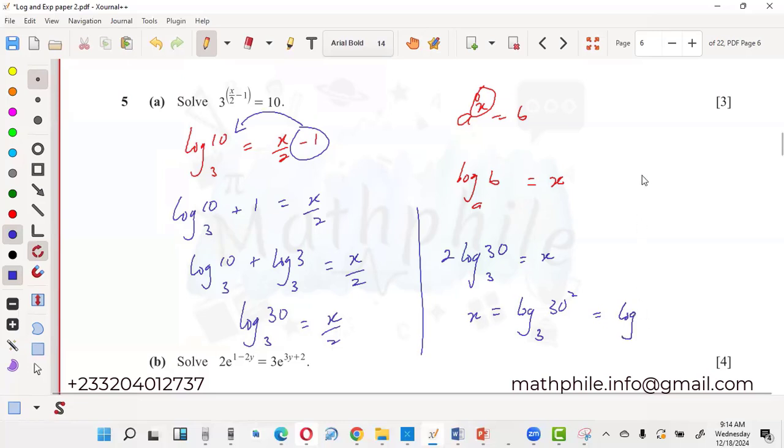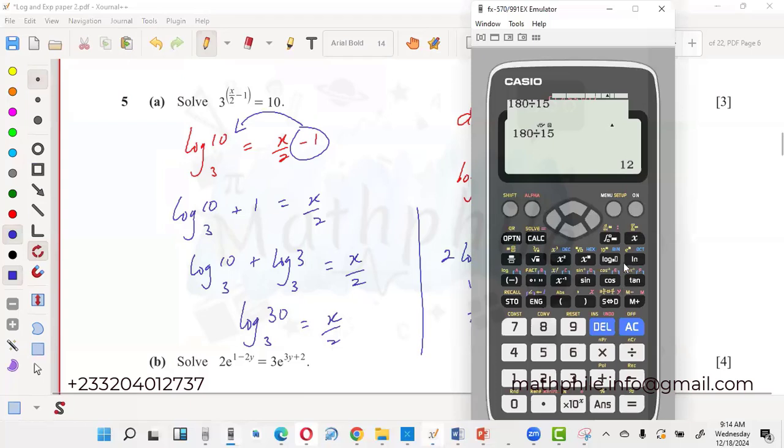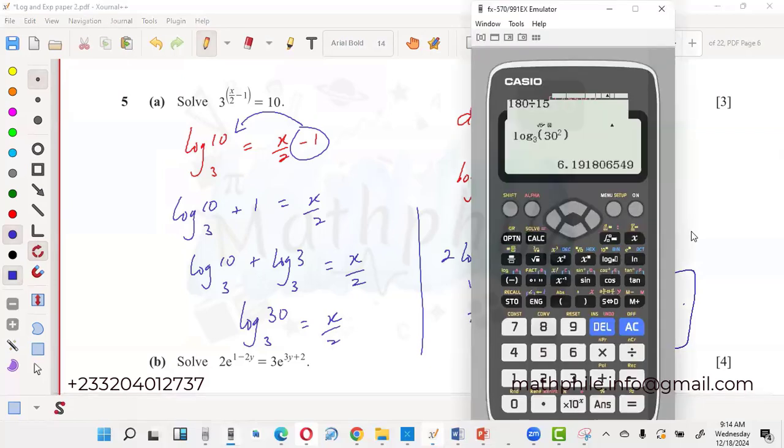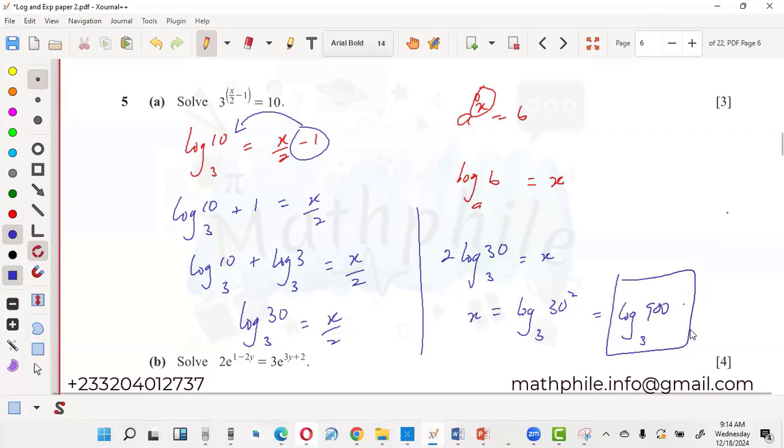Okay, type log 900 base 3. Let's see. Okay, so there's an approximation, and there's a better answer, the exact answer.